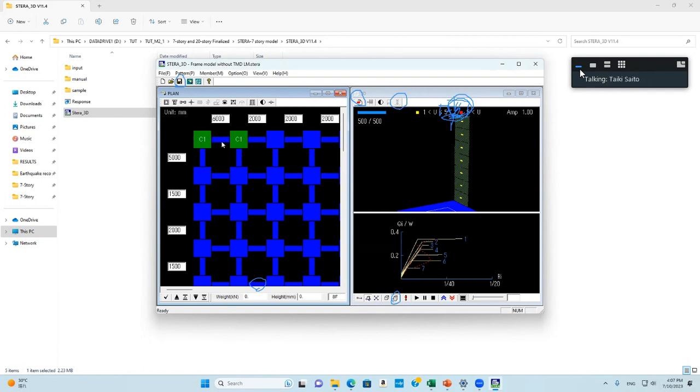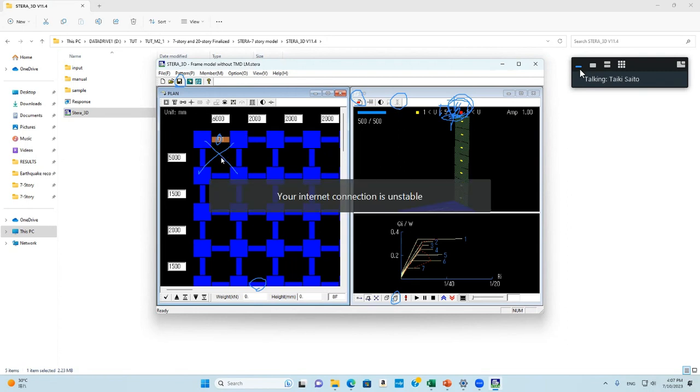You don't need a column, just the damper in the middle. You must put some rigid floor. First you must option member.